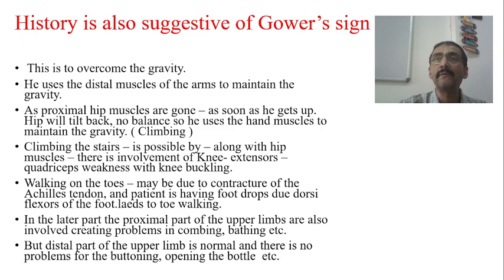There will be tilting of the pelvis forwards and sidewards, so there will be a problem in the lumbar region, leading to forward bending of the lumbar region. So that may be a cause for the waddling gait.